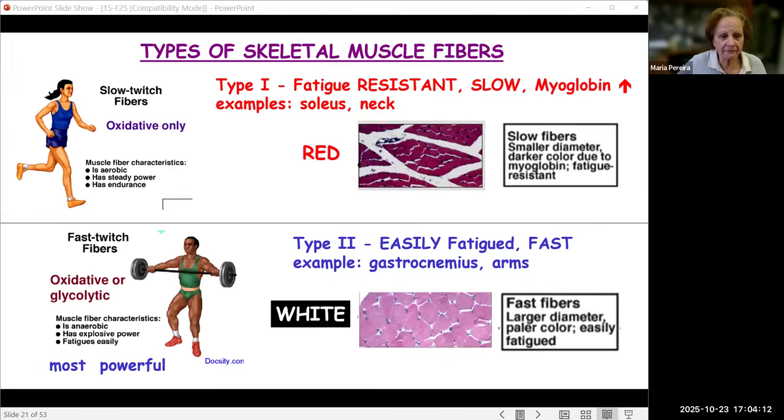Okay, so here you have a picture of two major types of muscle fibers that we have in our body. There are some that are intermediate, but let's see the ones that are extreme. So type 1 muscle fibers, they are fatigue resistant. Why? Because they have lots of myoglobin, and therefore they can use aerobic production of ATP.